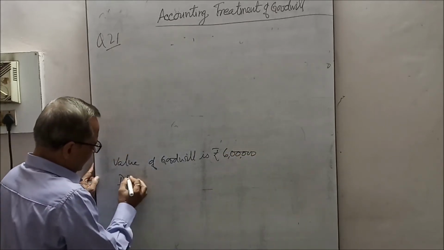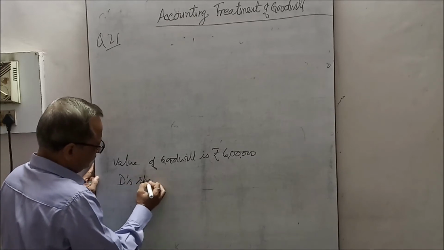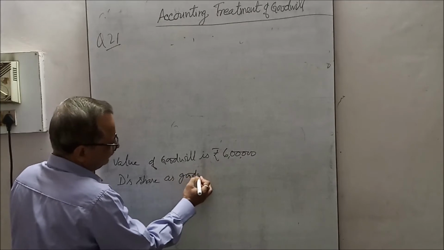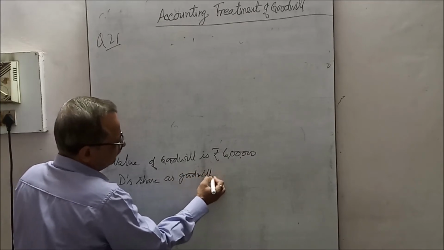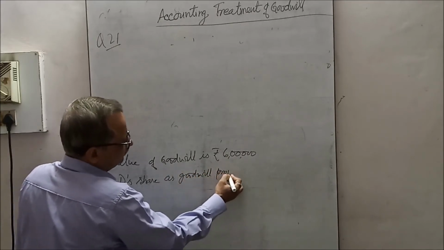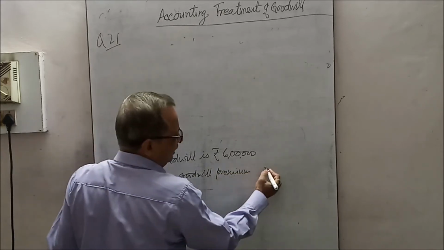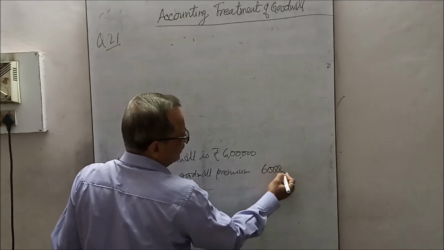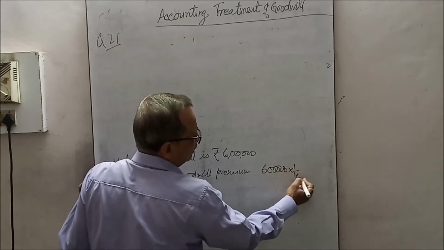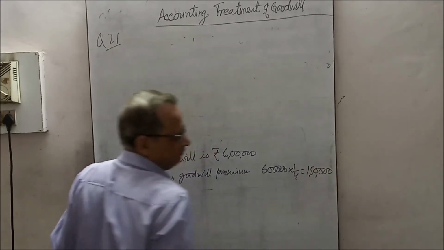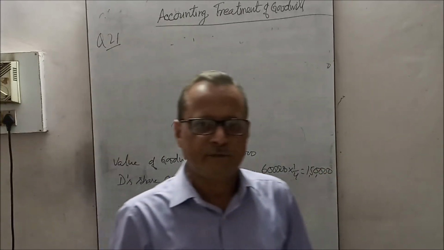Then D's share as goodwill premium, as he entered for 1/4 share only, is 6 lakhs into 1/4, that is 1,50,000. He should bring it, but he is not bringing it.